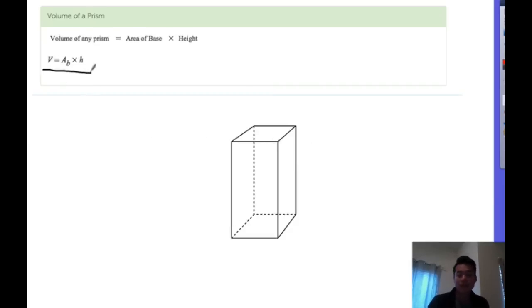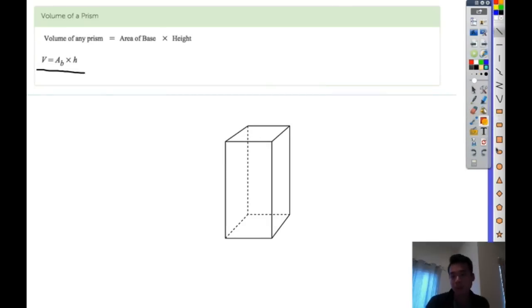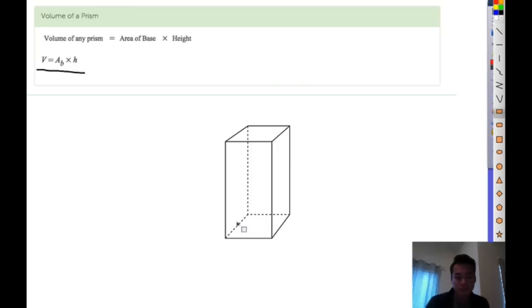Now, I know I'm not wanting to make you guys memorize a bunch of formulas, but if you think about it, if I were to fill up this prism with water or anything like that, the volume tells me that I just need to find the area of the base, which in this case would be a square or a rectangle, and then I need to figure out how tall it is.